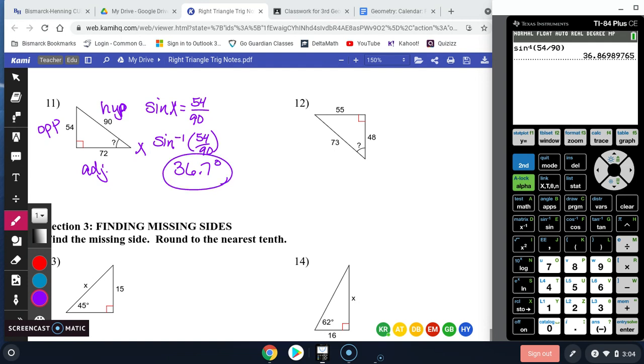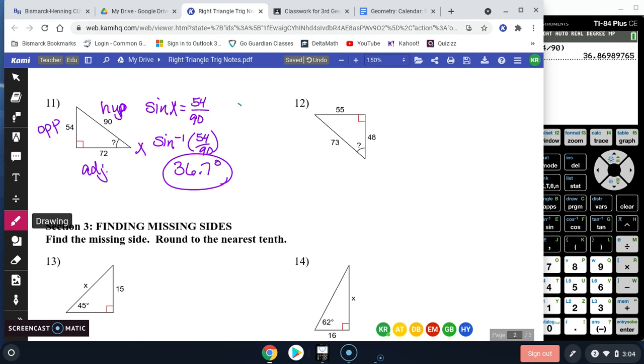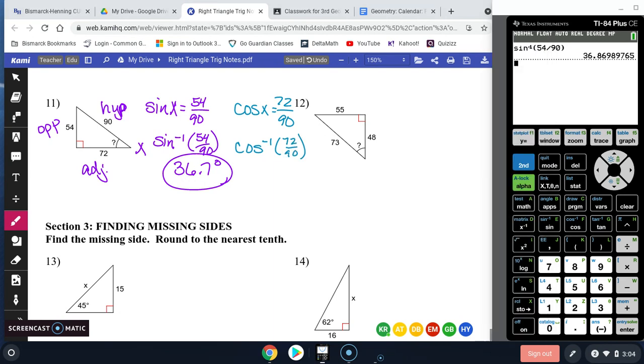Now if somebody else said, well, I don't want to do sine, I want to do cosine. Okay, so cosine of X is adjacent over hypotenuse. So 72 over 90. So you're going to do inverse cosine of 72 over 90. So watch what happens.